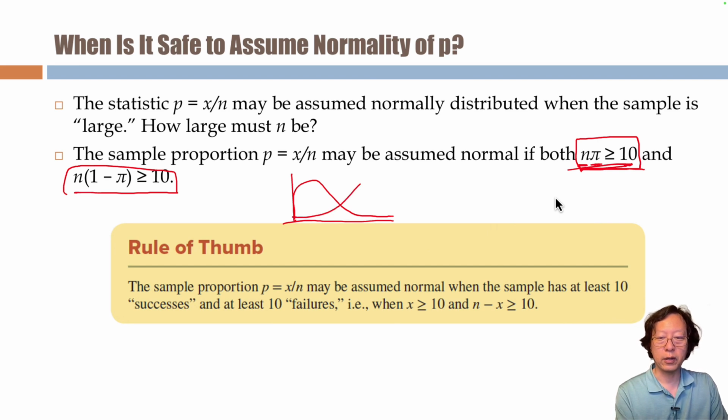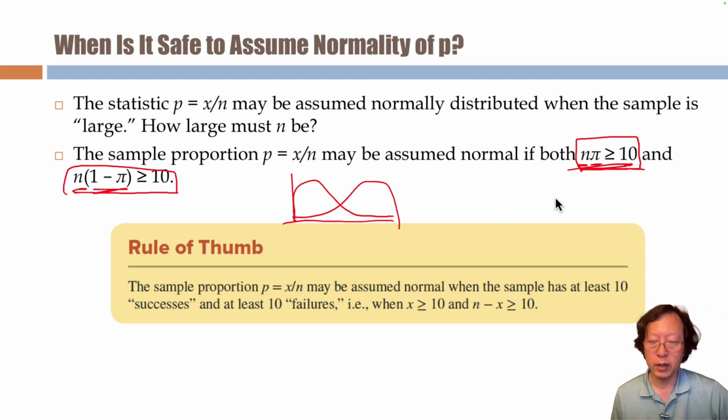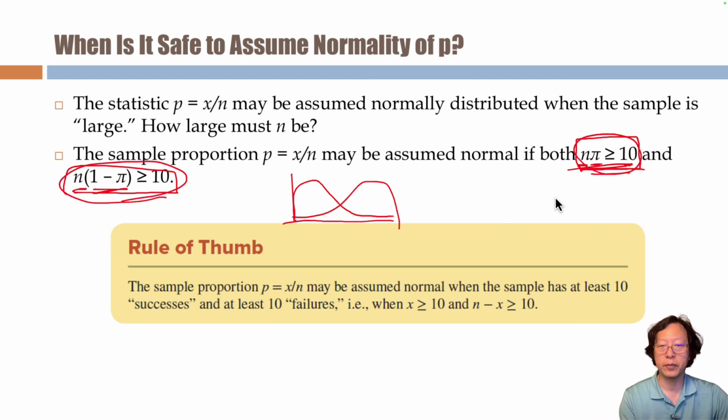Or the other side, n times 1 minus pi is greater than 10, then you can say, yeah, this is not badly skewed, so we can assume the normality. So that's the rule. That's why we are checking both sides. I don't know which side is skewed, so you just check the tail part. And if it's greater than 10, then we can say this is not that badly skewed.